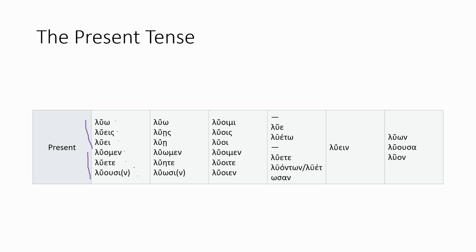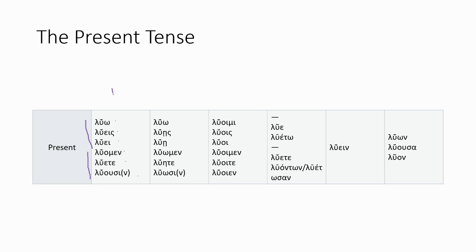I don't have any problem with using these Wikipedia tables and then adding the dual sort of almost as an afterthought, because the dual, in my opinion, is actually quite simple. So we'll do the singular and the plural in this table, and then we'll do the dual separately.